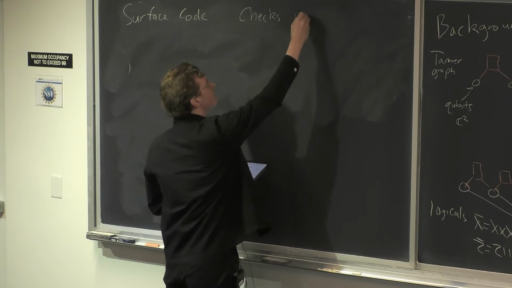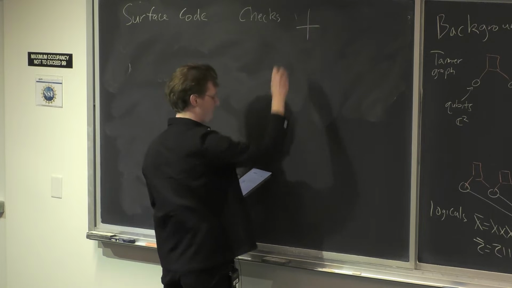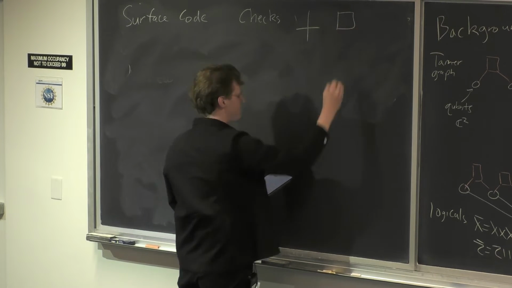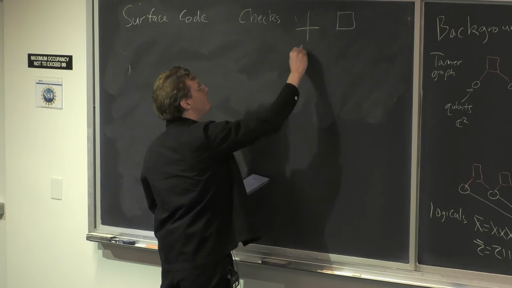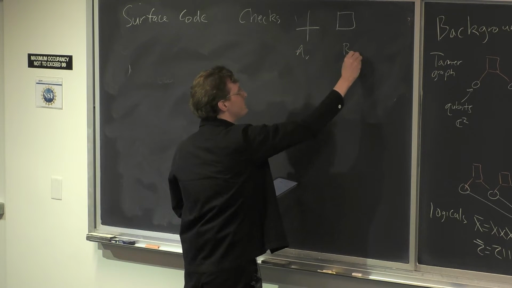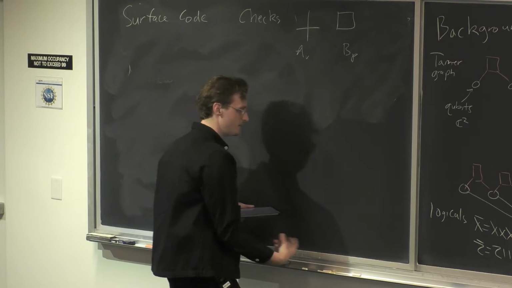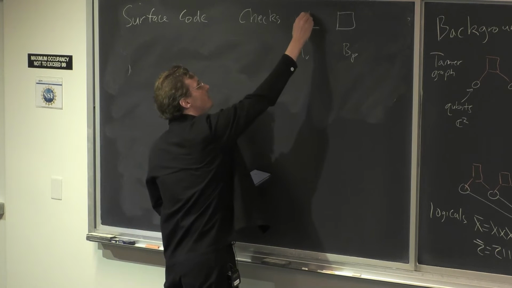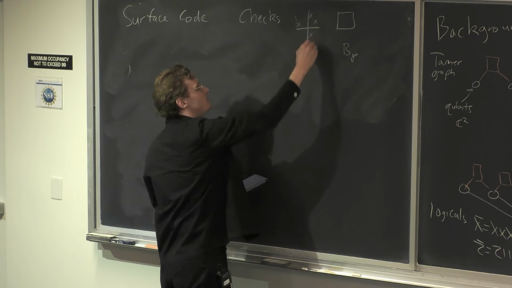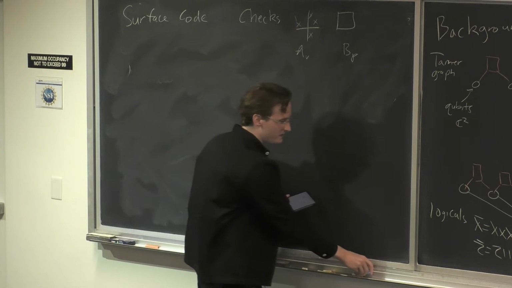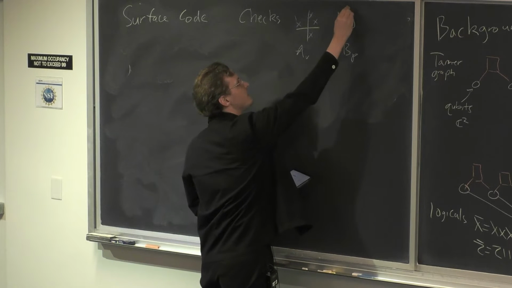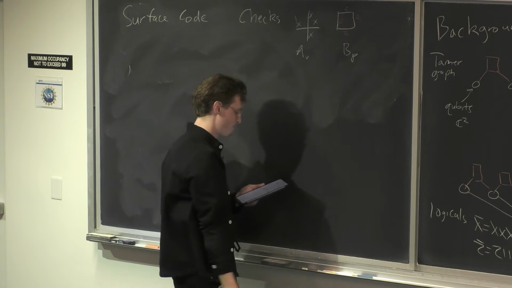The surface code is defined on a 2D grid. I'm going to put the qubits on the edges for this picture. Your checks are these vertex and plaquette checks. The basis I'm going to use is the original one, so X's around the vertex as the vertex check, and Z's around the face as a face check.